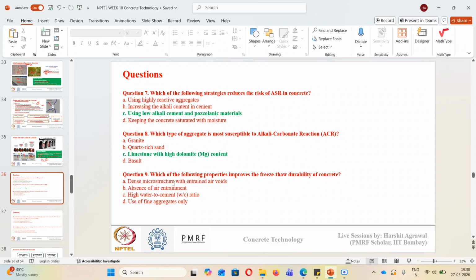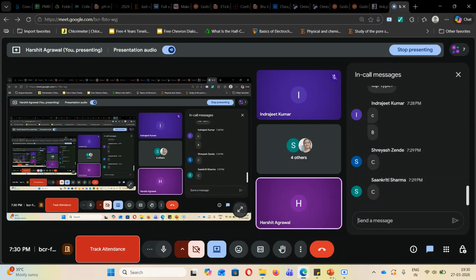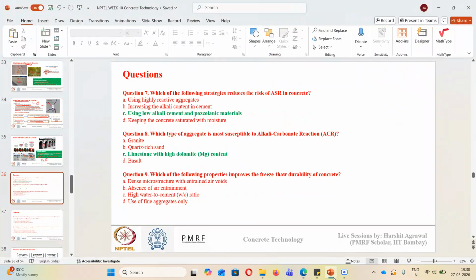Question number 9. Which of the following properties improve the freeze thaw durability of concrete? Any guess for question number 9?